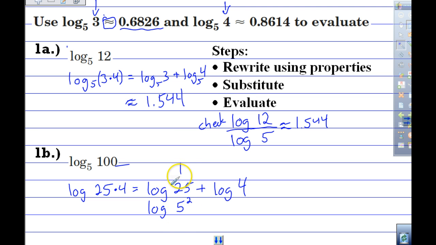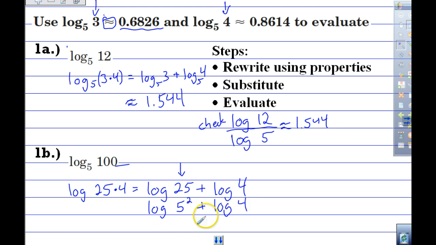So always when you see perfect squares or perfect cubes, if you see 9, 16, 25, 36, or even cubes, 8, 27, 64, and so on, it's kind of like a red flag that it wants to be an exponent.